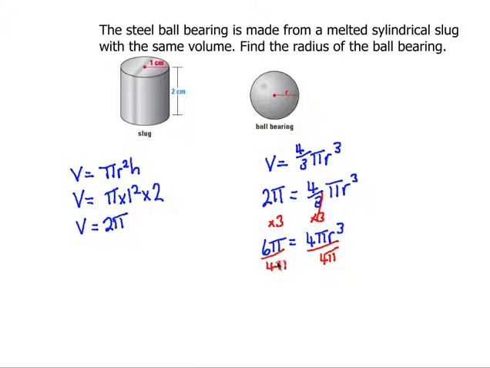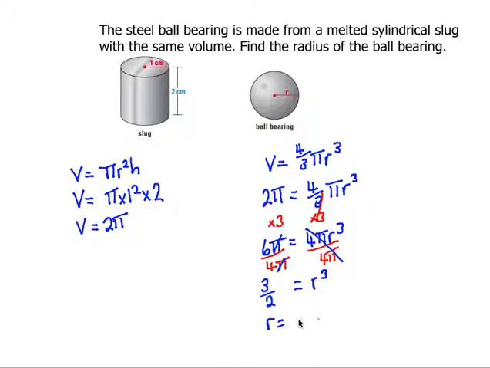Divide this side by 4 pi. So that will get rid of that from that side, leave me with just the radius cubed. And on this side, well, pi divided by pi will just cancel. 6 divided by 4 is the same as 3 over 2. So radius cubed is 3 over 2, or 1.5.